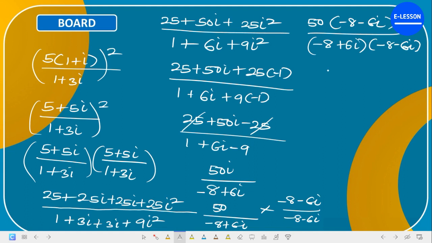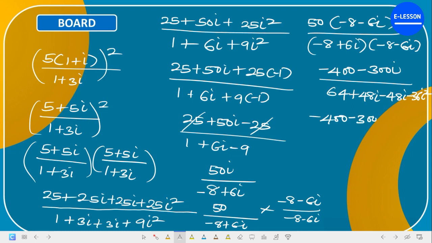Now 50 times this will give us minus 400 minus 300i. Minus 8 multiplied by minus 8 is 64. Minus 8 times 6i is minus 48i, and 6i times minus 8 is plus 48i, so these cancel and give 0. 6i times minus 6i is minus 36i squared.